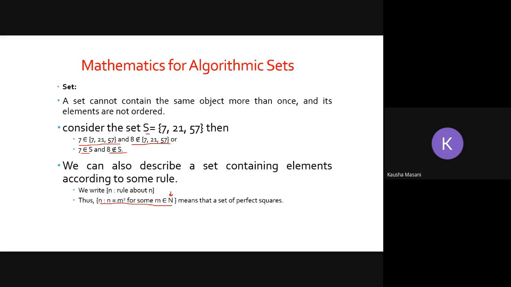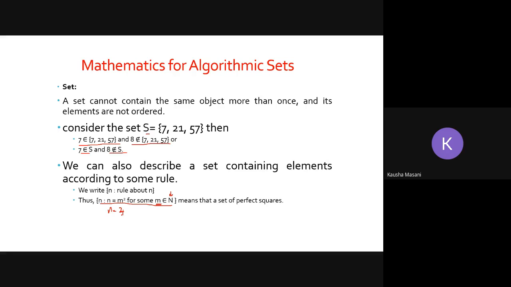So the value you take for m is from the set of natural numbers. It can be from 1 to infinity, like 1, 2, 3, 4, and whatever m value you take will be squared. Suppose I take m as 2, so 2 square is 4. So n is equal to 4.